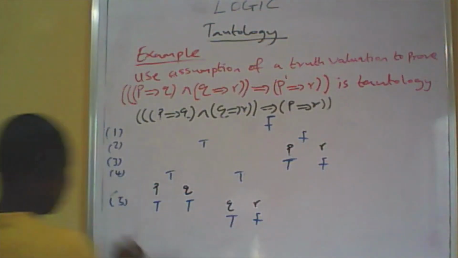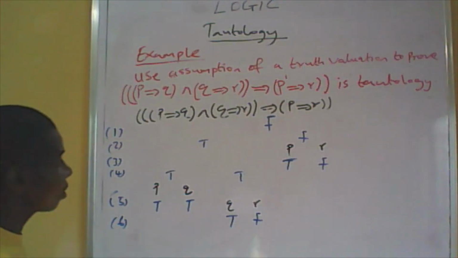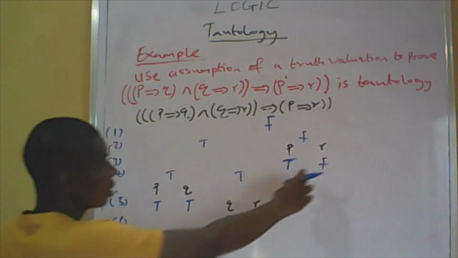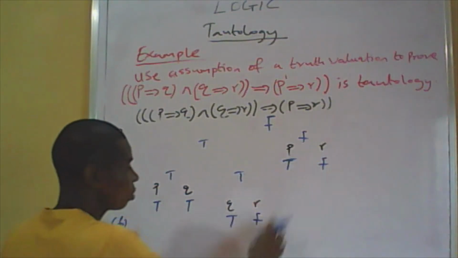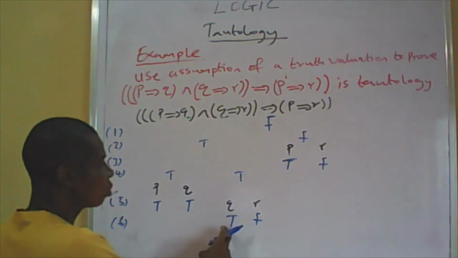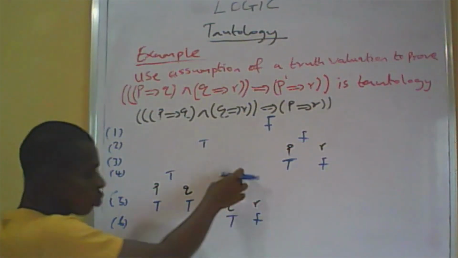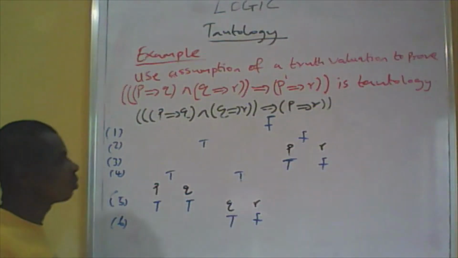That means line 6. Now you can find out that here R is false, and Q is true, and that should give us false, but it is true. So that is a contradiction.